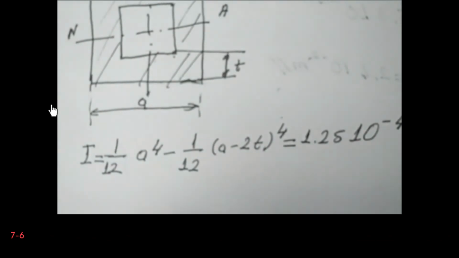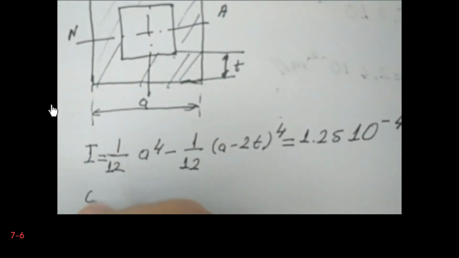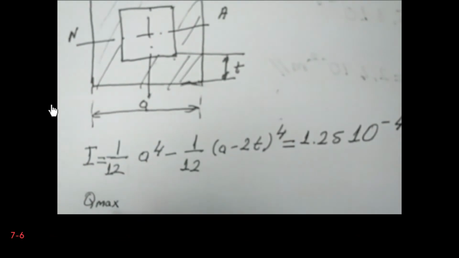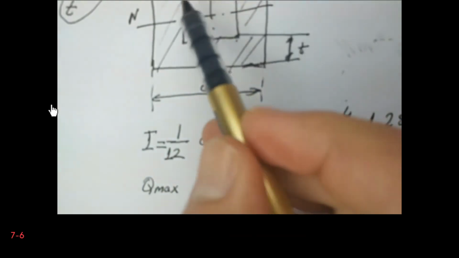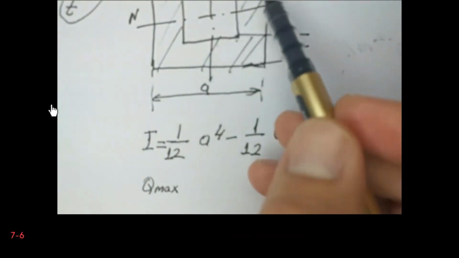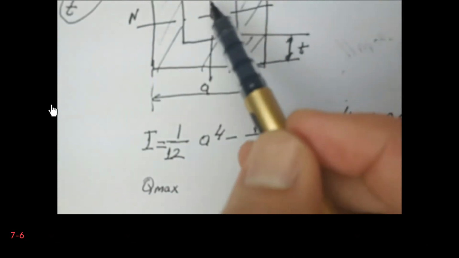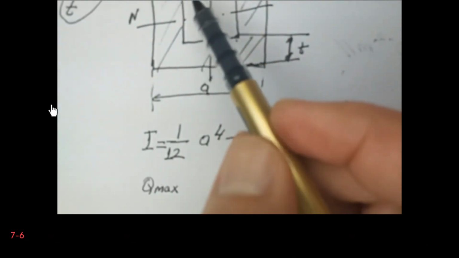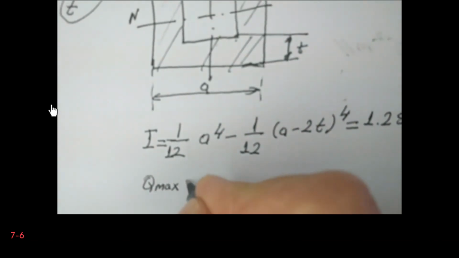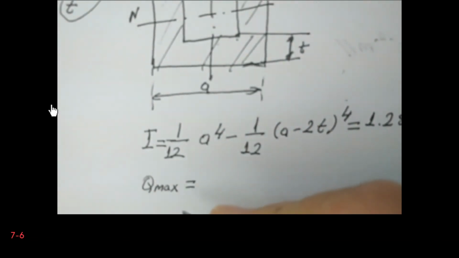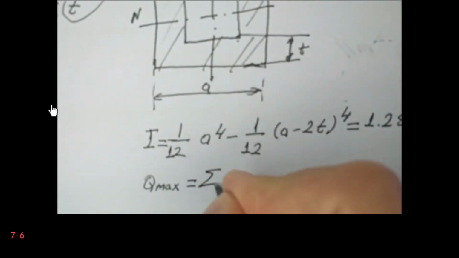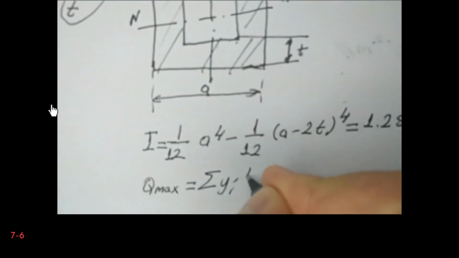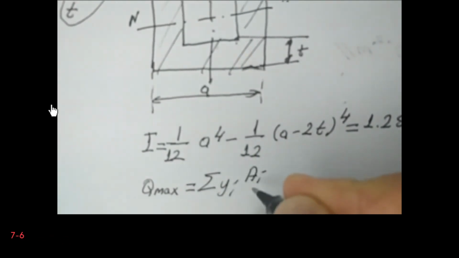Now let's calculate the Q. In fact, now we can easily say that the width is minimum here, and the moment of the area is also maximum on the neutral axis for this cross section, because the area is getting larger. So we can write the maximum first moment of the area as the sum of the moments of the areas.